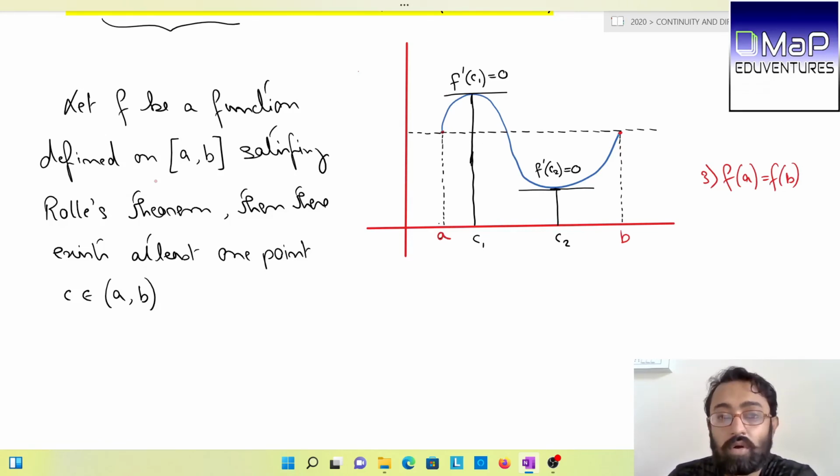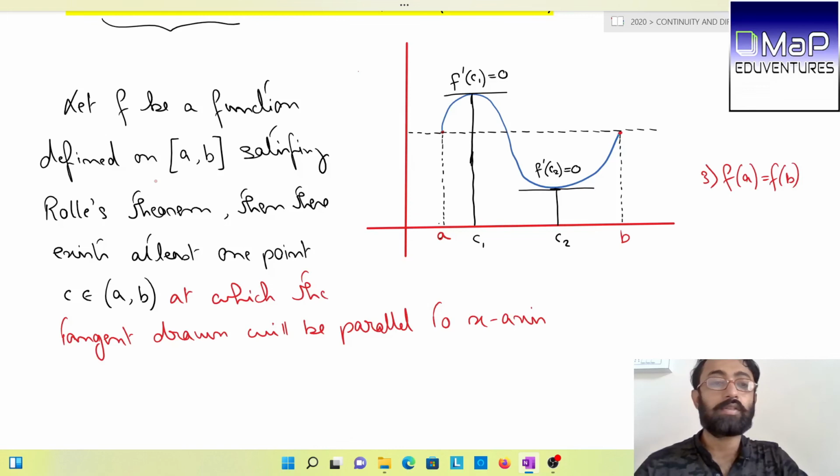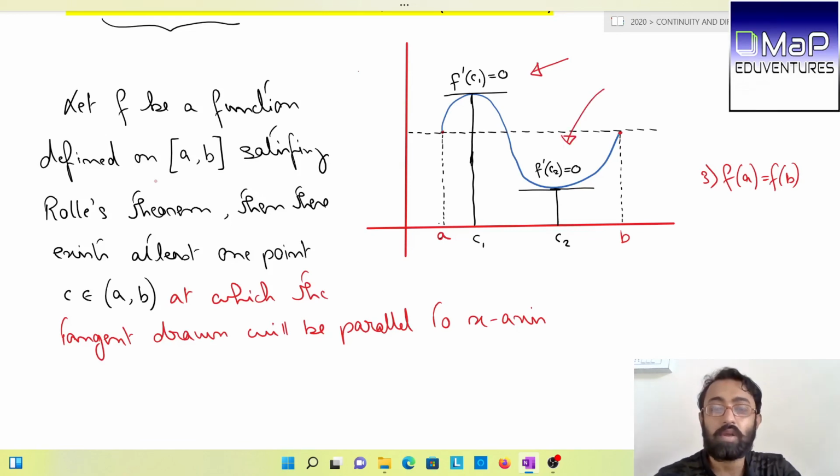Now then what will occur? Then there will exist at least one point c at which the tangent drawn will be parallel to x-axis. Here we have got two such points where the tangents are parallel. These two tangents are parallel to x-axis. So we have taken two points c1 and c2. If the tangent is parallel, the derivative at that point will be 0.